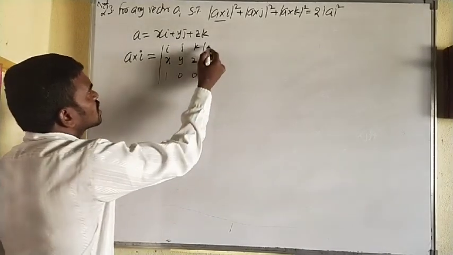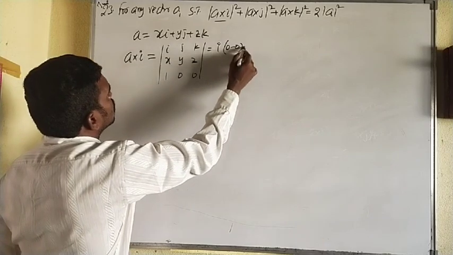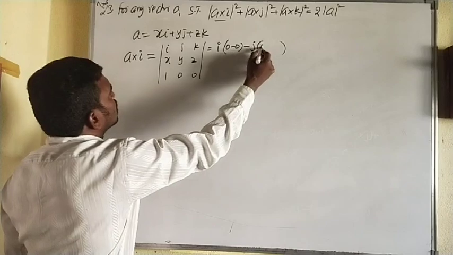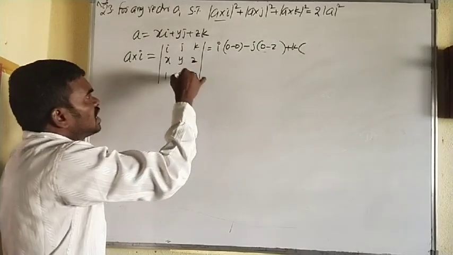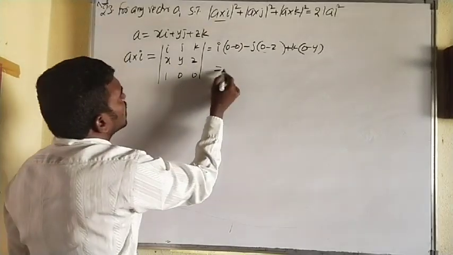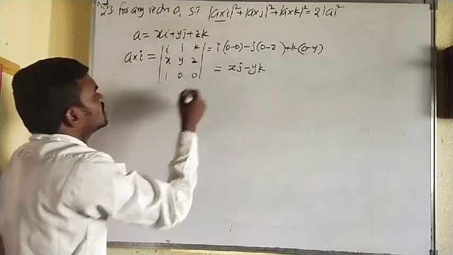Same process: i into (y into 0 minus 0), minus j into (x into 0 minus 1 into z), plus k into (x into 0 minus y). So we get plus zj and minus yk. This is A cross i.